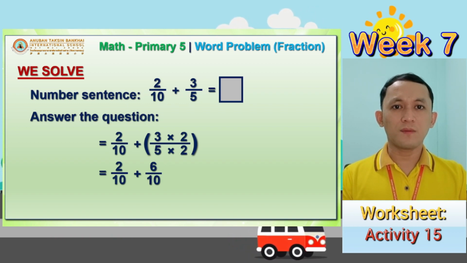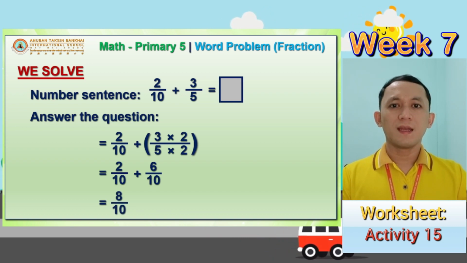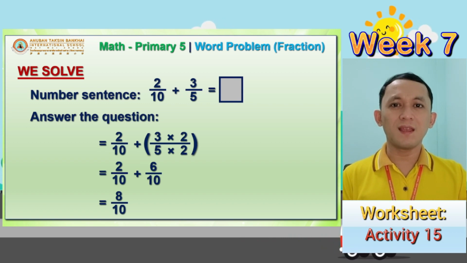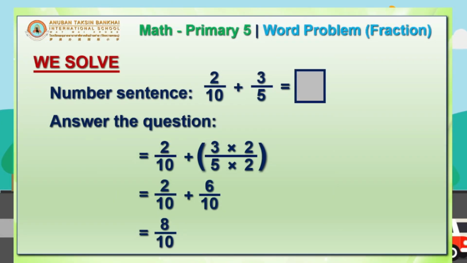And the answer, of course, is 8/10. And of course, do not forget, we need to simplify our answer. We have 8/10, we can still divide that by 2. So we are going to divide our numerator and denominator by 2.